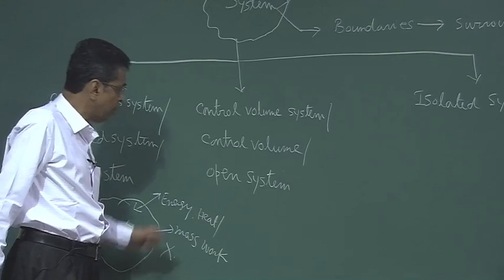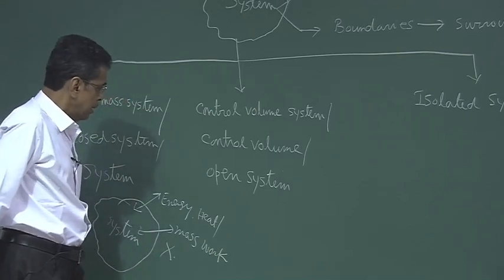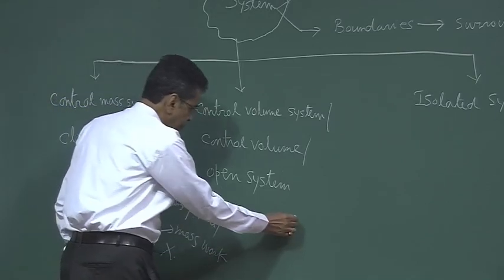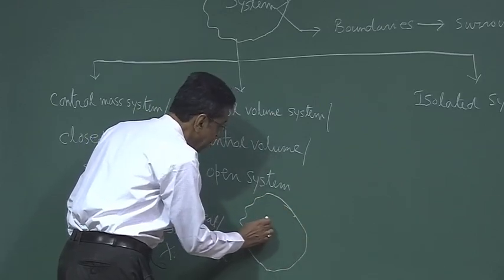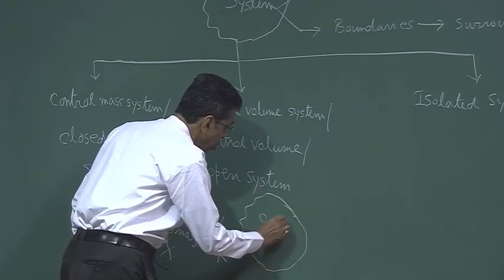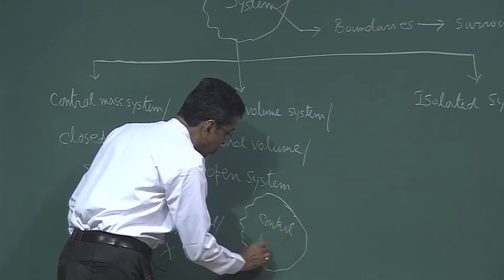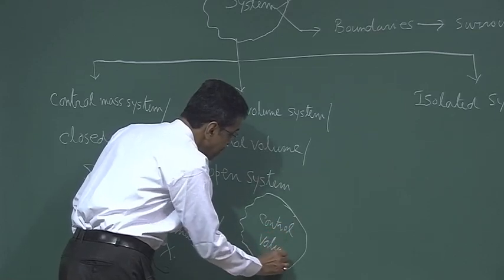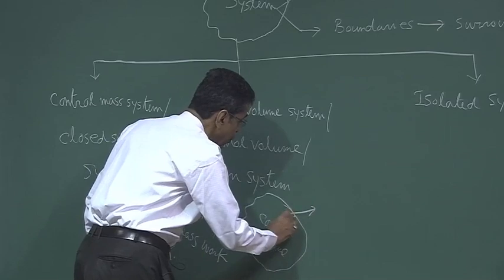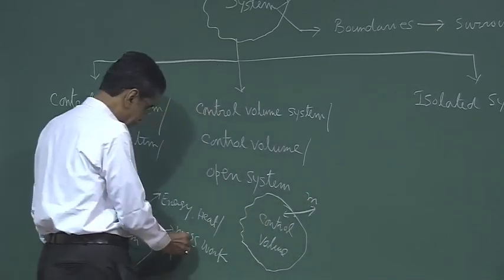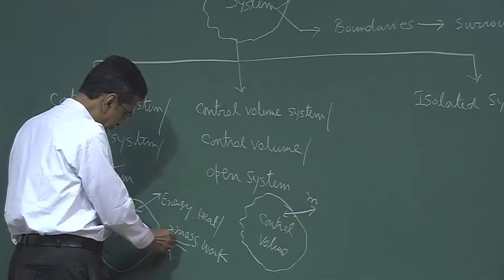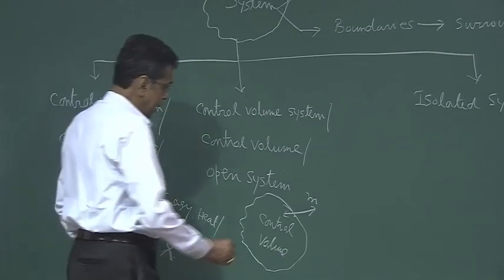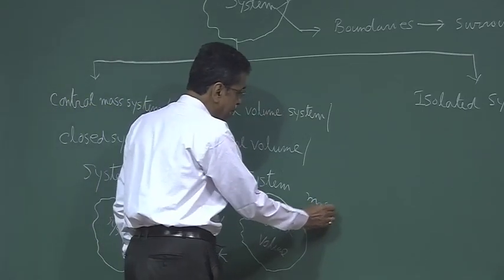While in a control volume system, or simply the control volume, the system boundary allows mass transfer. Here there will be mass transfer in any direction.